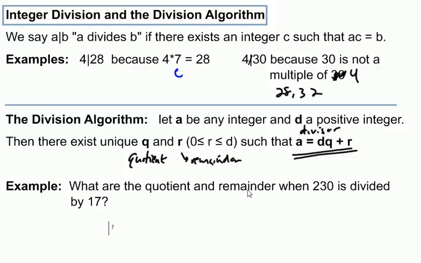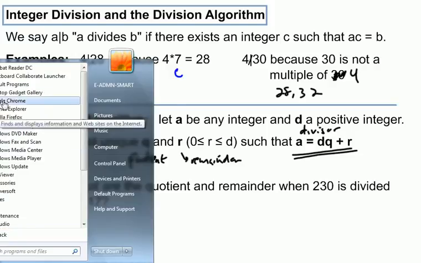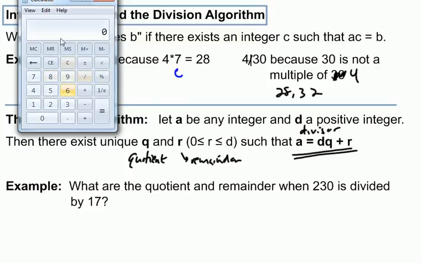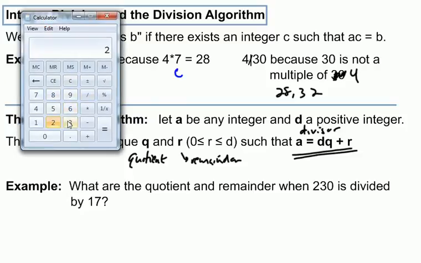Okay? So 17 goes into 230. The question is, how many times does 17 go into 230? Well, we can get our calculator out, and we could say 230 divided by 17 equals 13.5 something or other.